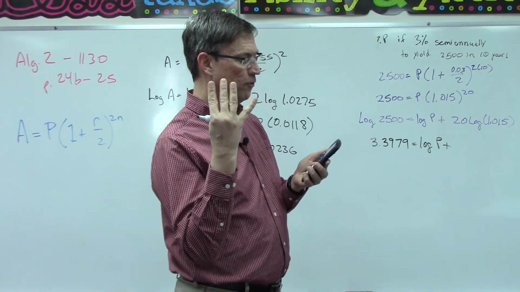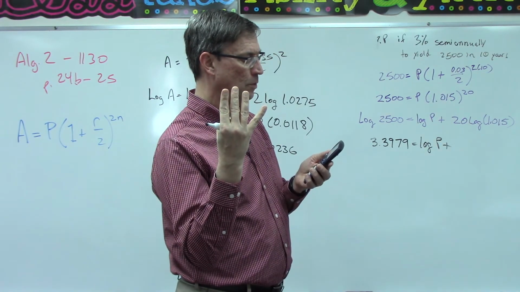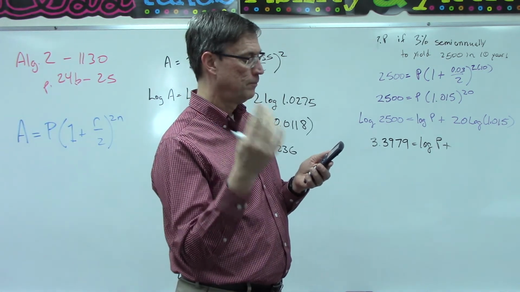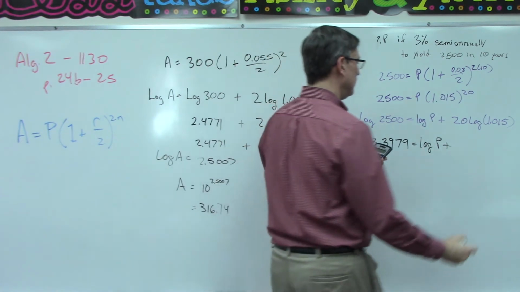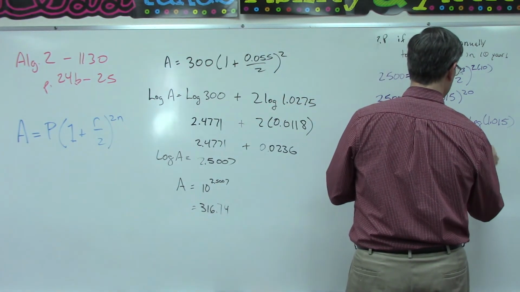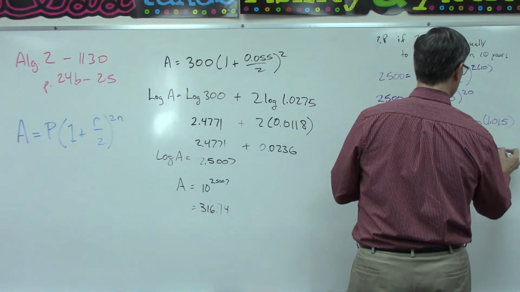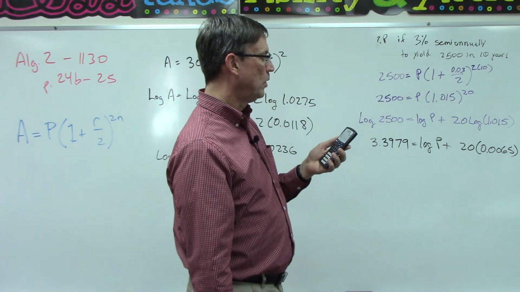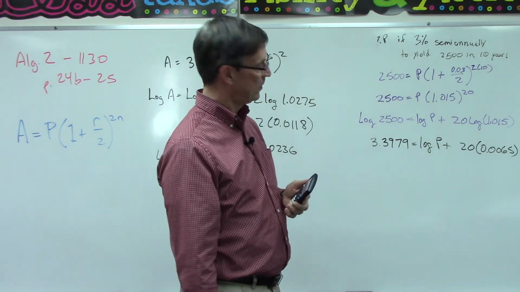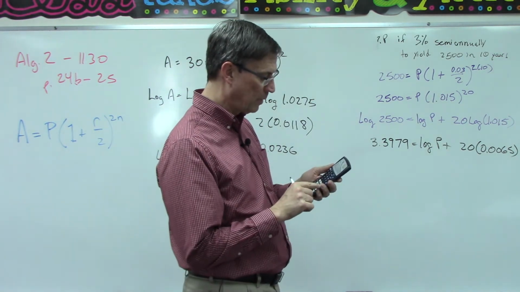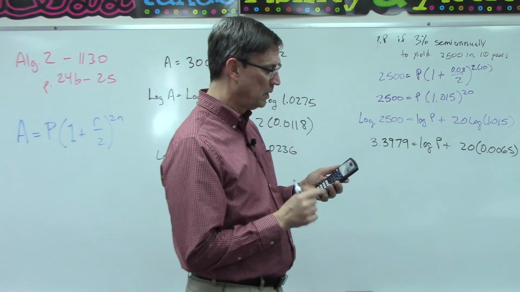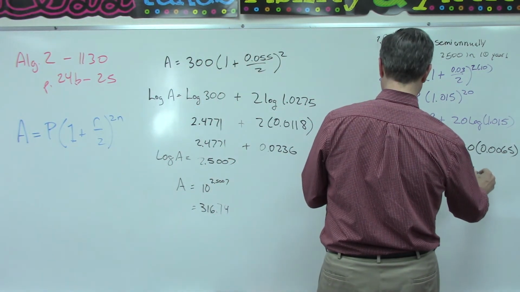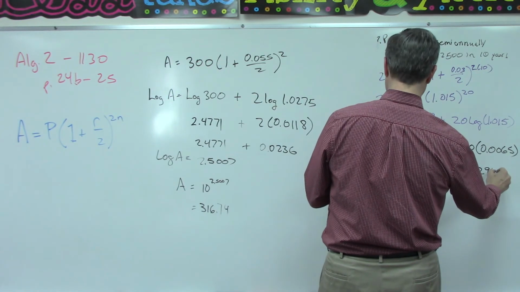Now round it off to 4 decimal places, so it's going to be 0.00 something something, right? All right, you should have gotten 0.0065. Now we're going to multiply that times 20, and that gives us 0.1293.